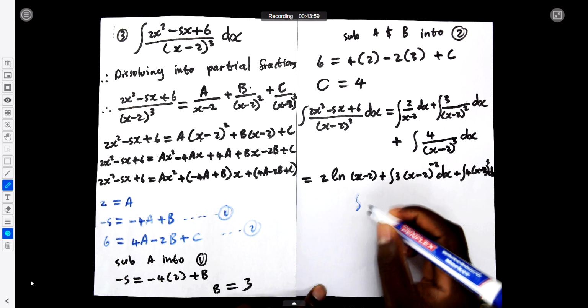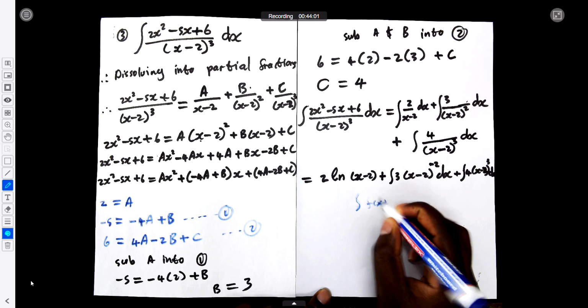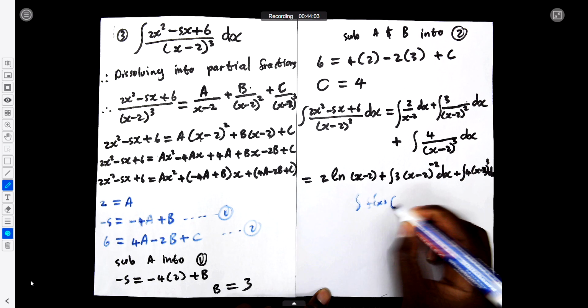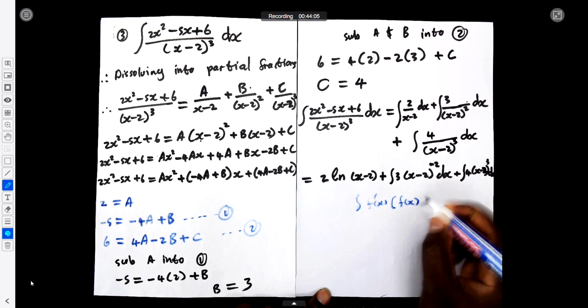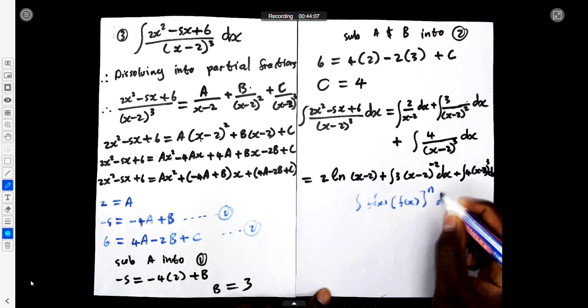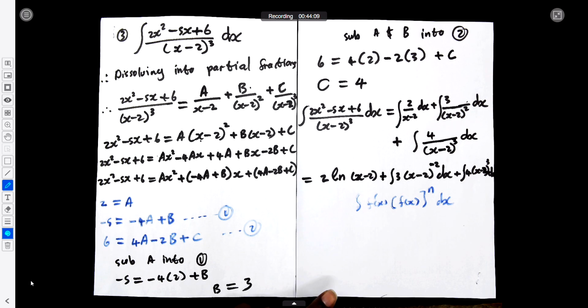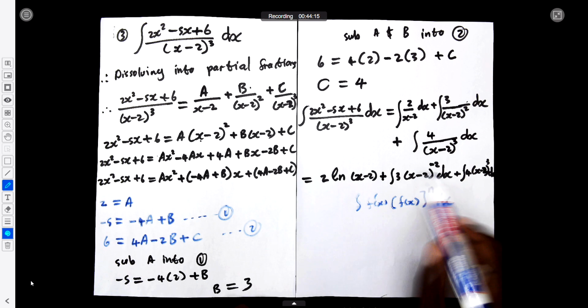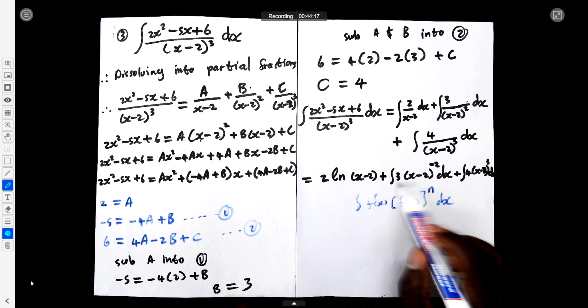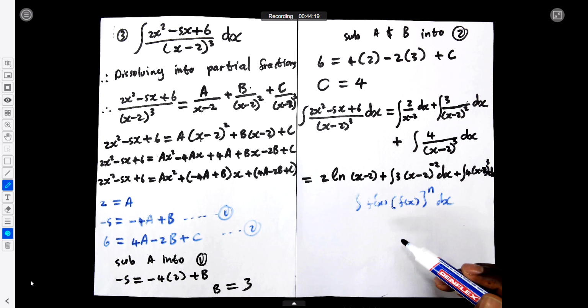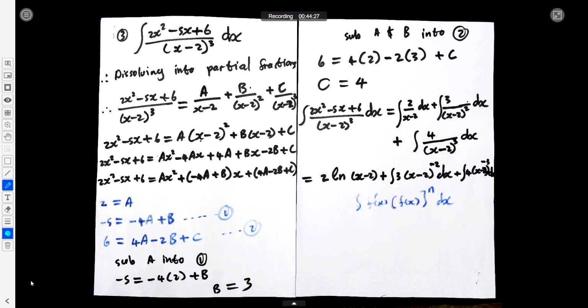So the chain rule of functions, where you have f prime of x multiplied by 1, so x in bracket to the power of n dx. That rule comes back, it doesn't run away. We think of it in that way because when I see what is inside the bracket, it can give me the derivative of what is outside, which is 1. Yes, the exponent is negative 3, this one.